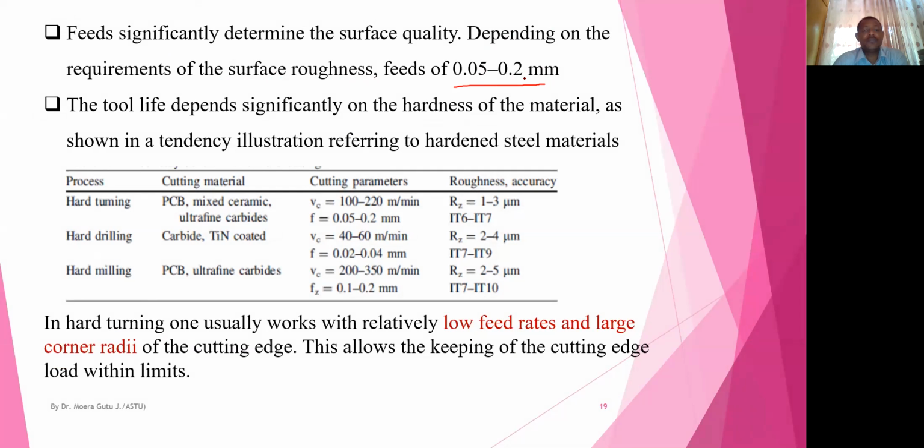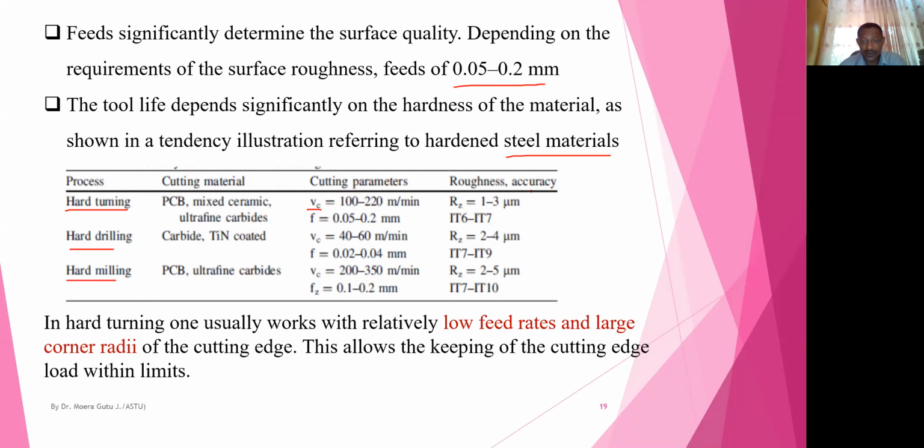The tool life depends significantly on the hardness of the material, as shown in the tendency illustrations referring to hardened steel materials. You will see for hard turning, hard drilling and hard milling, the cutting materials and cutting parameters are put here: the cutting speed, Vc, the feed rate, and the cutting speed for hard drilling with carbide, titanium carbide coated material.